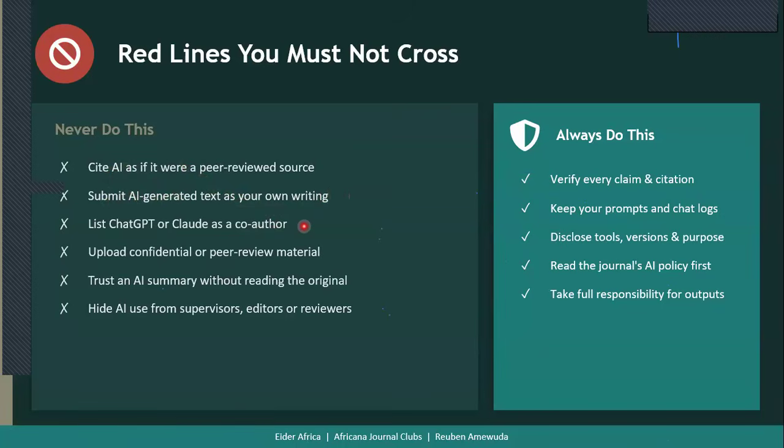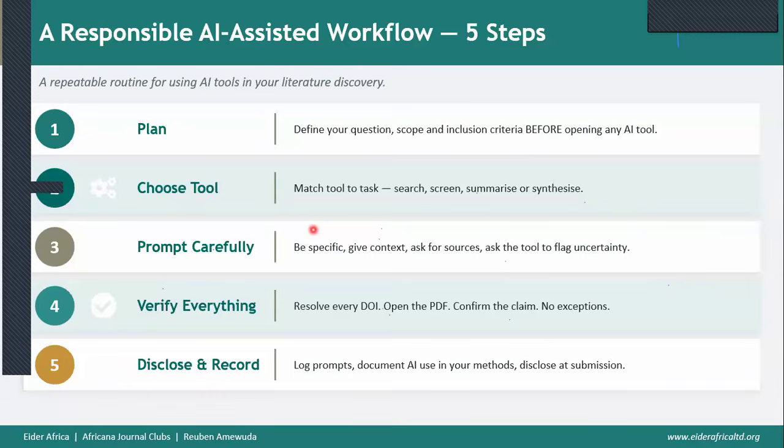List ChatGPT or Claude AI as author. No. Upload confidential or peer-reviewed material. Trust an AI summary without reading the original. It's a red flag. Don't do this. When you do that, you put yourself in trouble and could end up with a retraction.